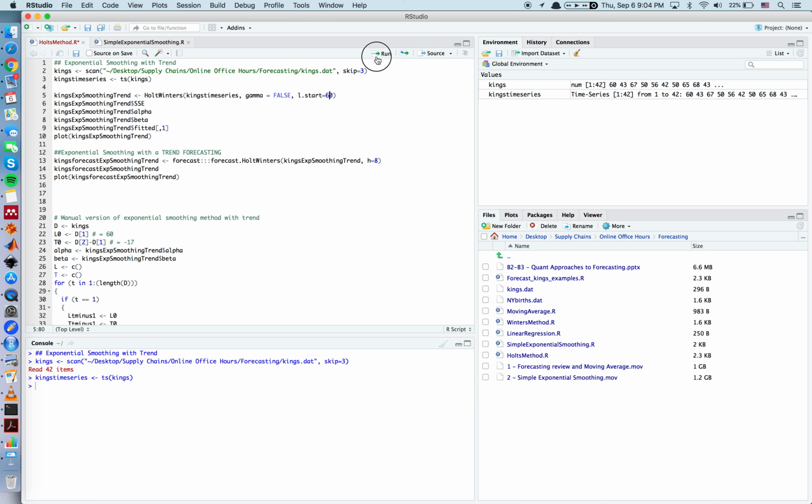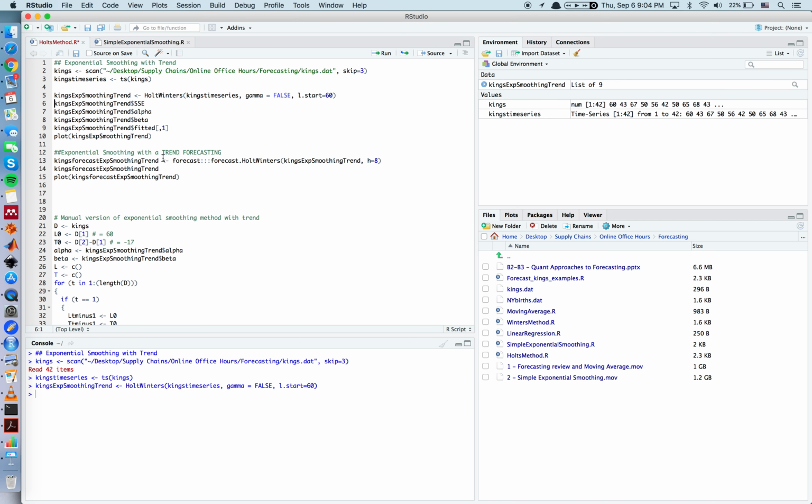Okay, so we're going to run this, and much like before, you can easily retrieve the sum of squared errors. You can retrieve the optimal values. We removed beta, and we could, if we wanted, force a specific value of beta or alpha, but much like before, if you do not introduce alpha or beta, it's going to automatically compute the optimal values of alpha and beta that minimize the mean square error, the MSE.